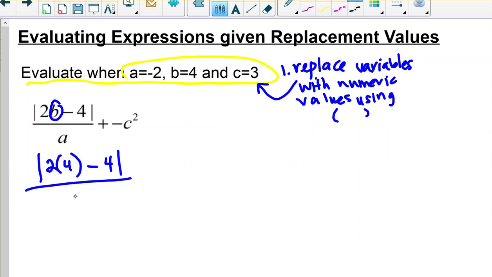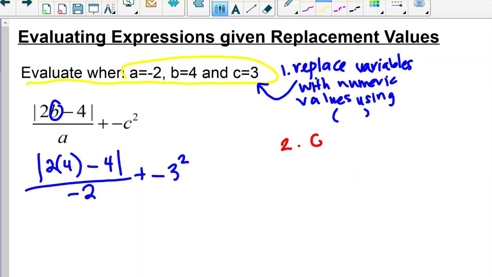And it says that a should be -2. Okay, here's my plus sign. And now I have a negative c squared. Okay, so there's my negative. And c is 3.